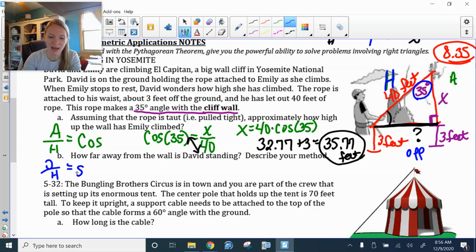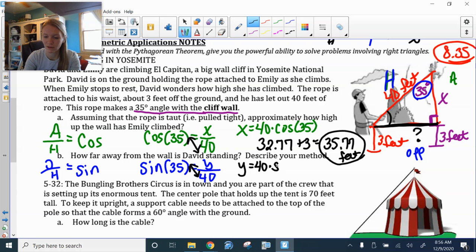So I'm going to use sine of 35 equals, this time my opposite, I'm going to call it y, over 40. And it's another quick cross multiply. I don't have to do any extra addition of the 3 feet, because I'm not talking about the height anymore, I'm talking about the width.